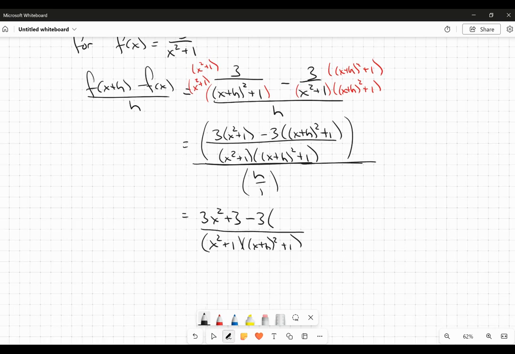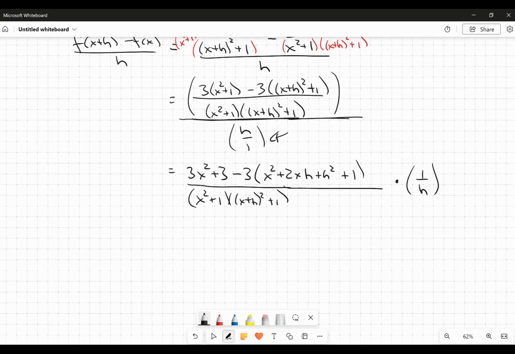I'm going to expand out that binomial first. And that's going to be x squared plus 2xh plus h squared, and then there's this plus 1 at the end. And then this is all going to get multiplied by the reciprocal. Remember, I'm dividing by this h over 1. I'm dividing by a fraction, so I'm going to multiply by the reciprocal.